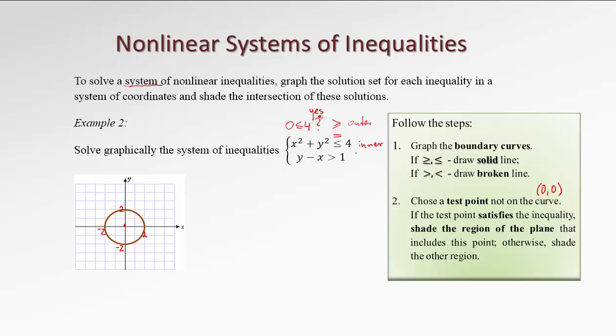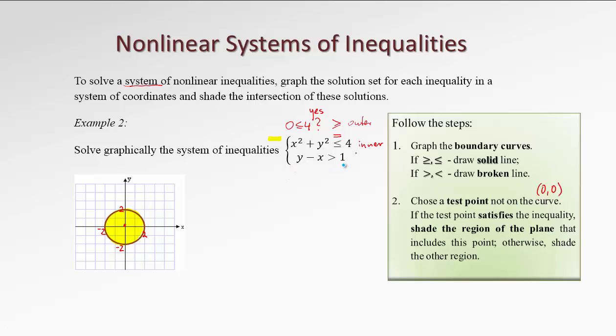Yes, it is. So that tells me that the region that contains this point is the region of all solutions to the first inequality. Okay, so I can shade it to indicate that this is my solution set: everything in the circle together with the boundary. And it's a good idea to record the color that we used for each of the inequalities.